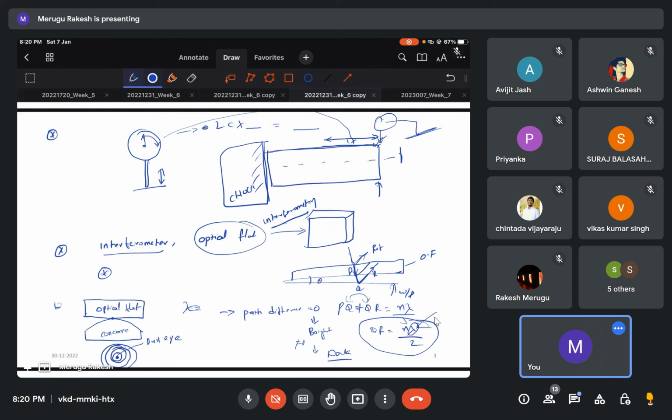So what happens if I keep this concave? This is convex, this is concave. What happens in concave? What type of pattern will I get? Any idea?